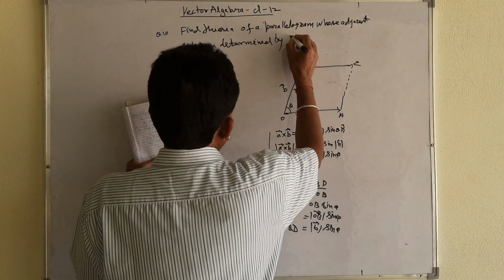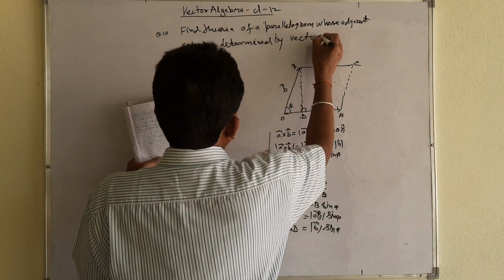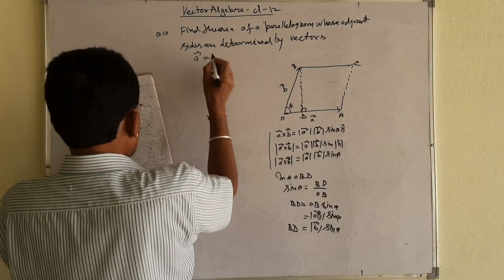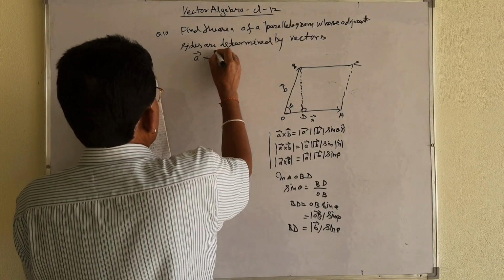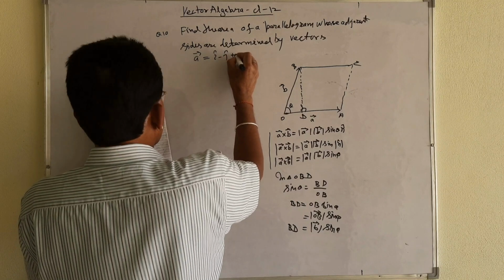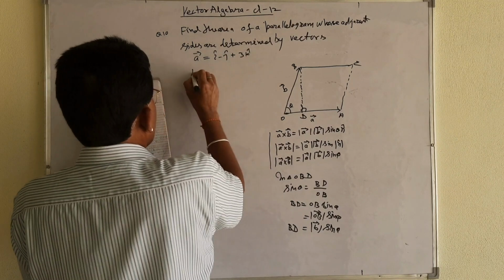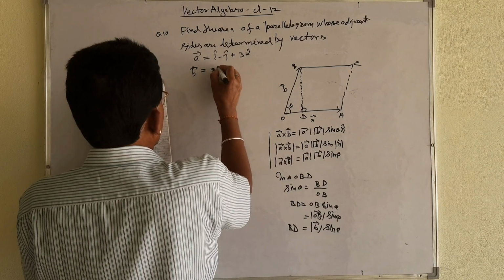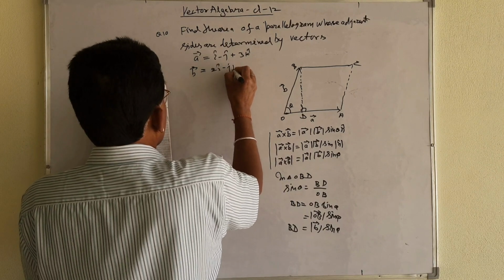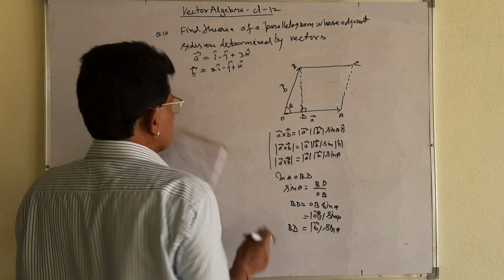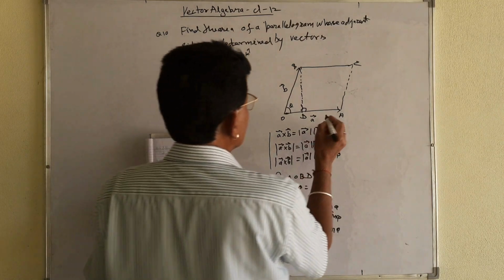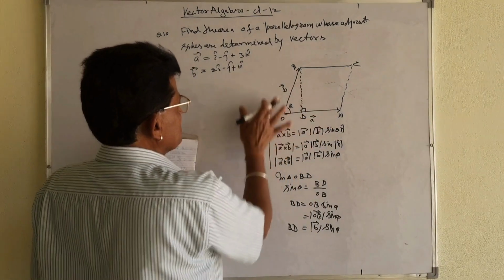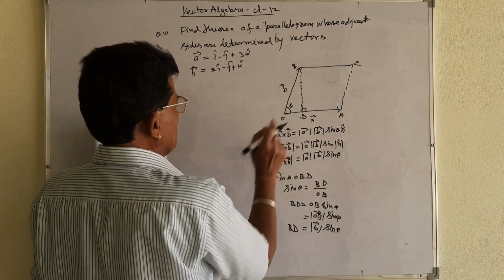Vector A is i minus j plus 3k, and vector B is 2i minus j plus k. These are the two vectors. You can write this is vector B and this is vector A. We are going to find the area of this parallelogram.